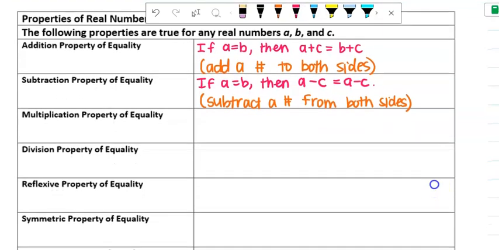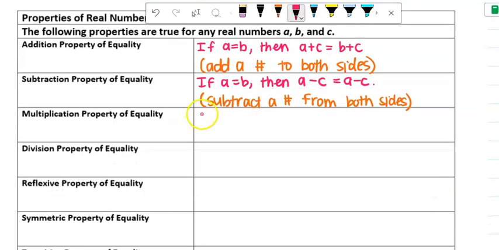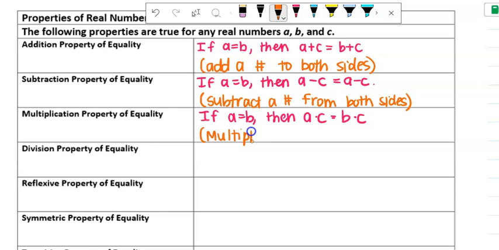I bet you can see where we're going from here, right? If it's a multiplication property, if A equals B, then A times C equals B times C. So this is going to be we multiply a number to both sides.